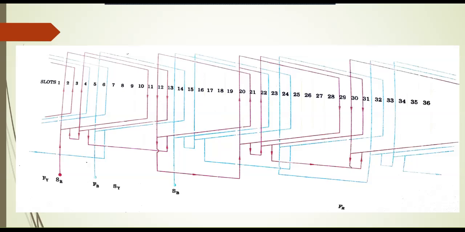This is the mush winding diagram. It is also single layer, and here each coil is occupying only 2 slots, and they are placed in the semi-enclosed slots. So this is the winding which we have been using.